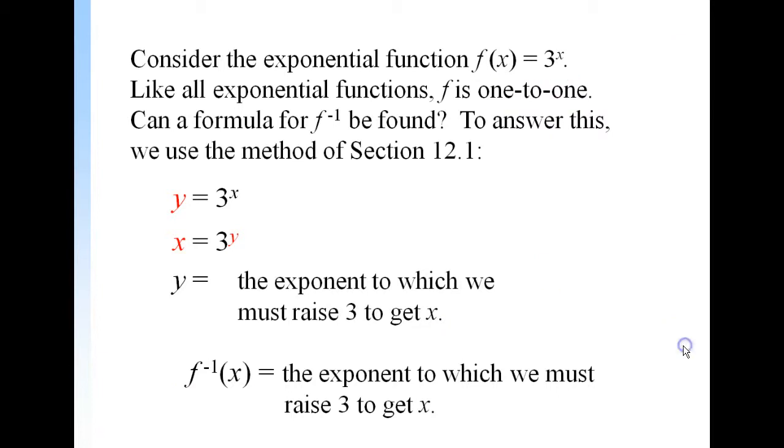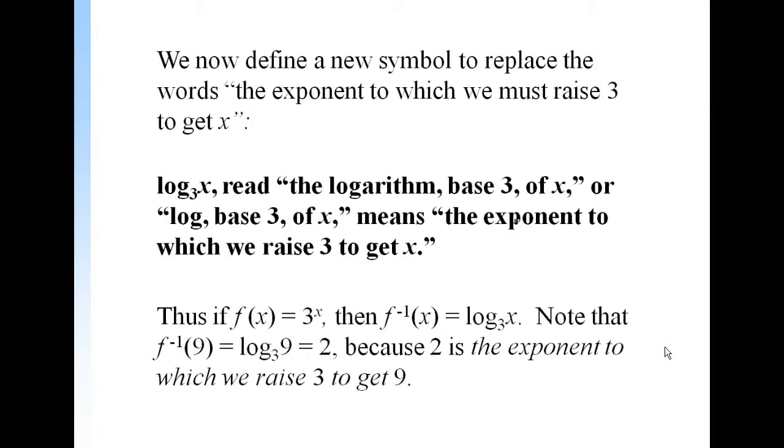And again, hopefully you're taking notes. We now define a new symbol to replace the words the exponent to which we must raise 3 to get x. And the symbol we're going to use for that is this right here.